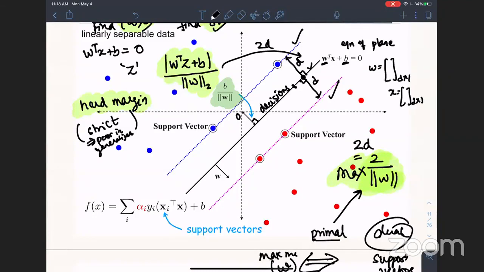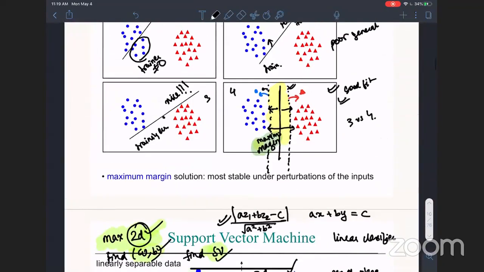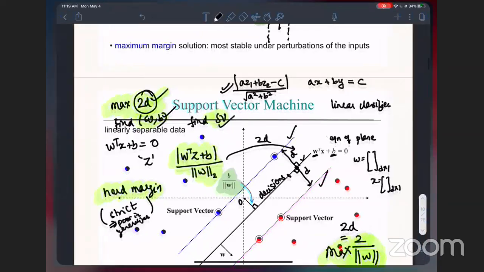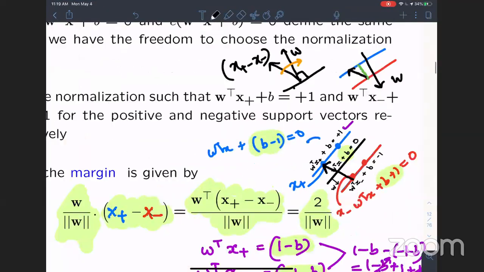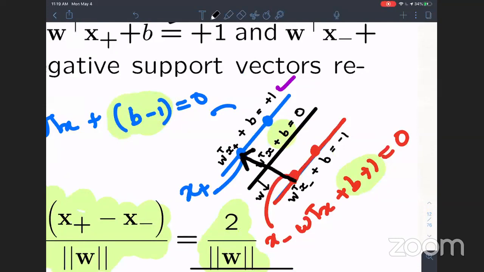Could you please explain again where the 1 came from? W transpose x plus B equal to 1 for the margin. Well, for me, the intuition was about this class. What I wanted was a line, with all positive classes on this side. Dr. Sethi, please feel free to add more or correct me, because that's my interpretation.